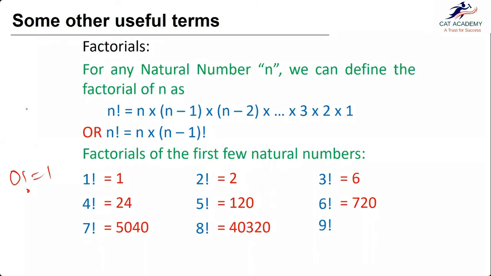No Harsh, nothing is there. 362880, correct. 362880. So, last, can you tell me 10 factorial? 10 factorial should be simple. You just have to add a 0 to it. 3628800. That's it.